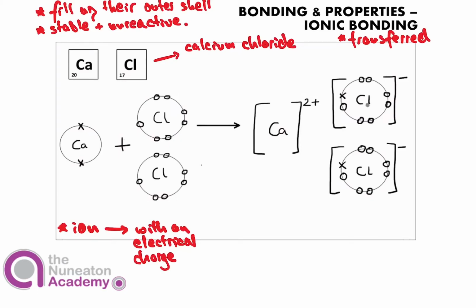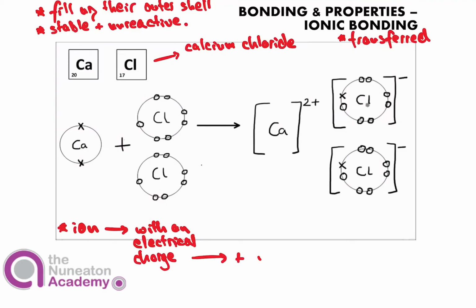And because they're unbalanced, that means that atom now has an electrical charge, depending on if it's got more protons or more electrons. Electrons are negatively charged, and protons are positively charged, so you can probably work out if it's got more protons, the ion is positive. If it's got more electrons, the ion is negative. Now, what do we know about opposite charges?